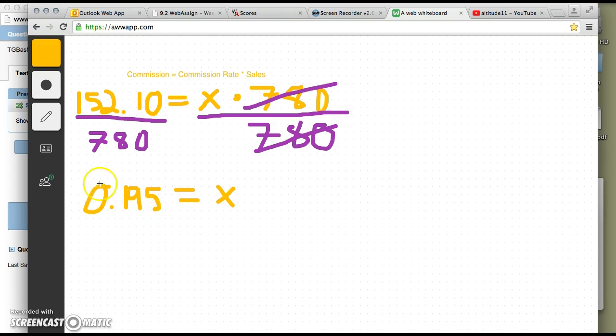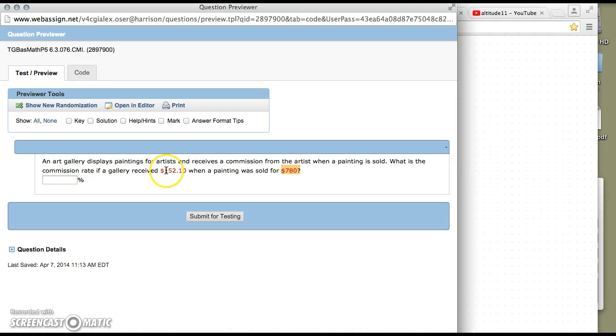Okay, so remember guys that this is our commission rate. Our commission rate is 0.195, right? Commission rate is what our variable was, so our commission rate is 0.195.